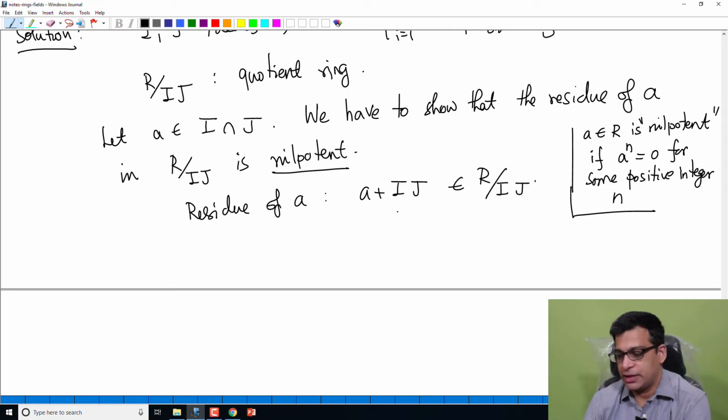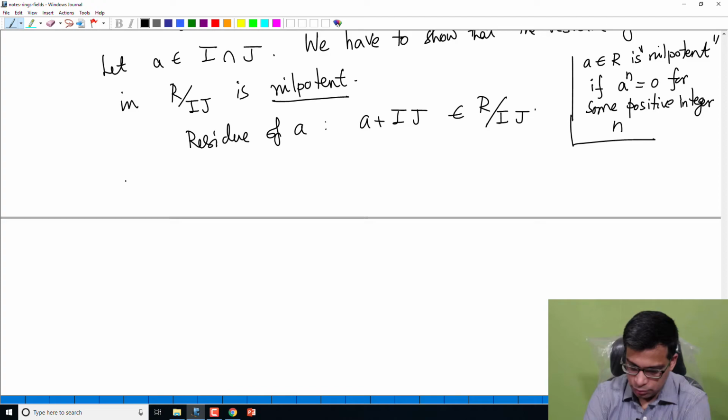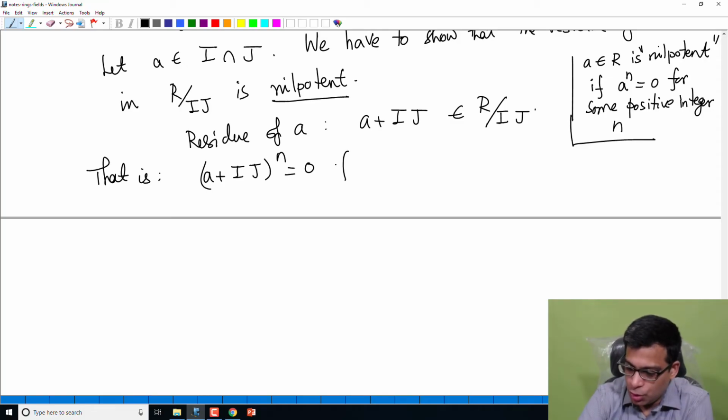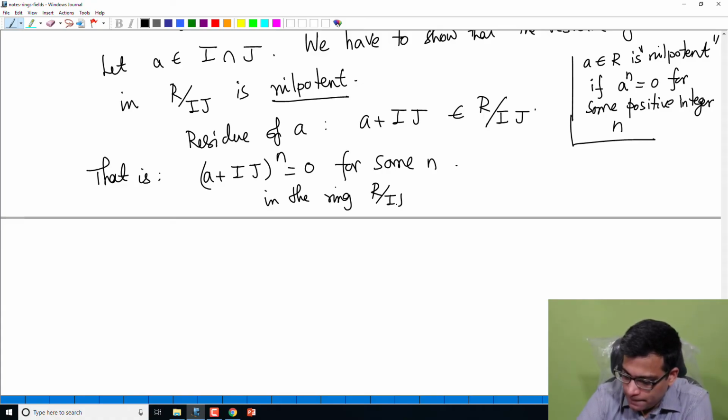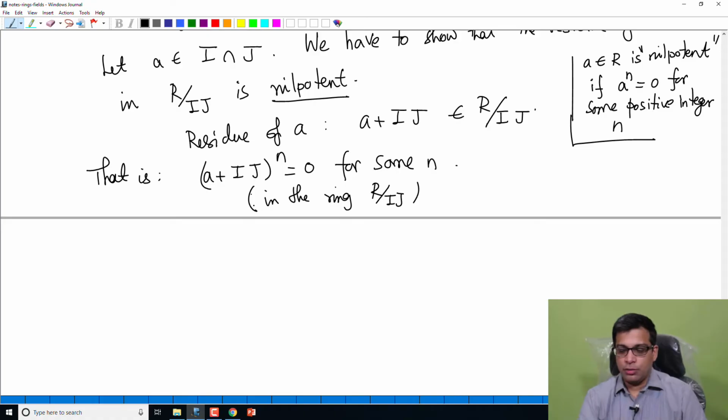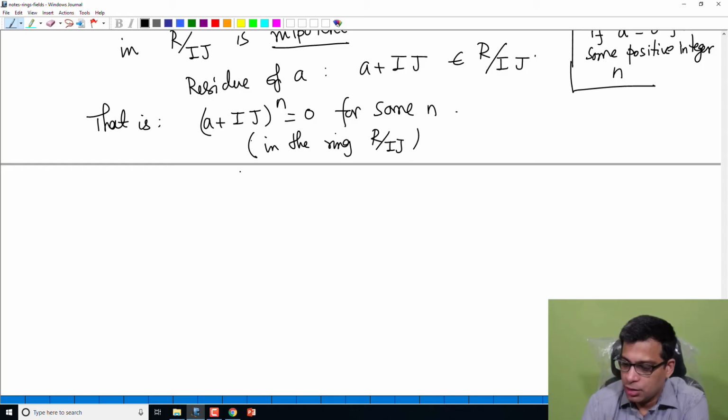We want to show that A plus IJ is a nilpotent element of the quotient ring R mod IJ. In other words, we want to show (A plus IJ) to the power n is equal to 0 for some n. This equality must happen in the ring R mod IJ. But remember, what is (A plus IJ) to the power n?